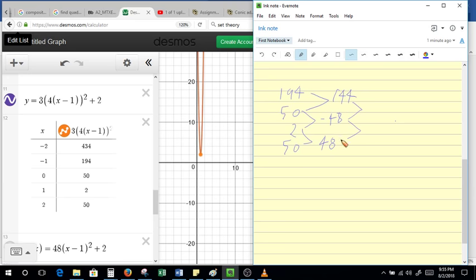The difference between 48 and negative 48 is going to be 96. And the difference between negative 48 and negative 144 will also be 96. So we've proven that this is a quadratic, but what do we do with that information?